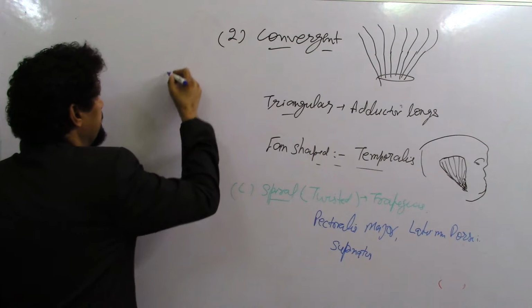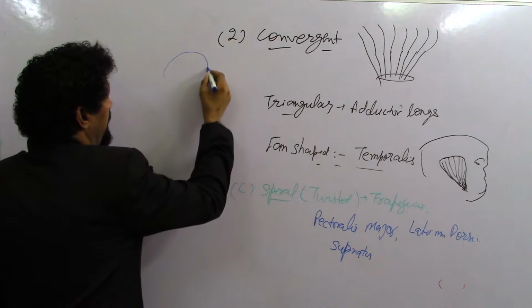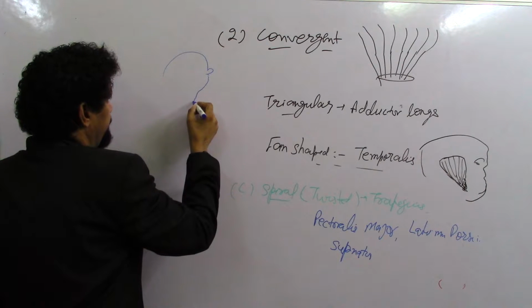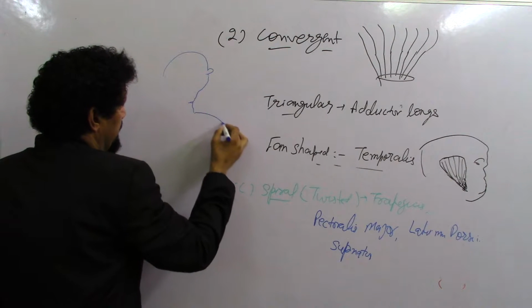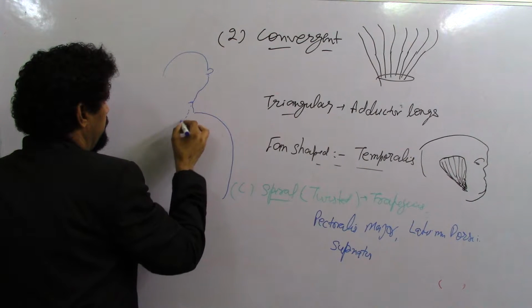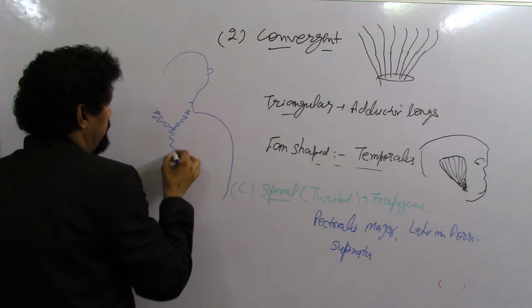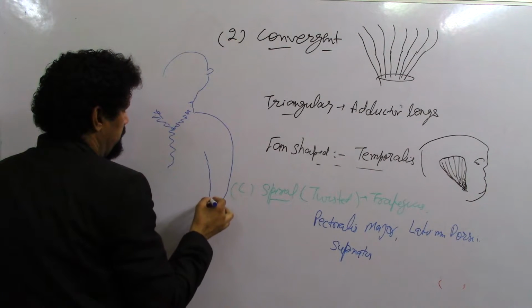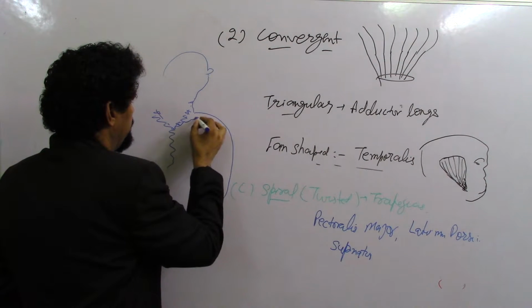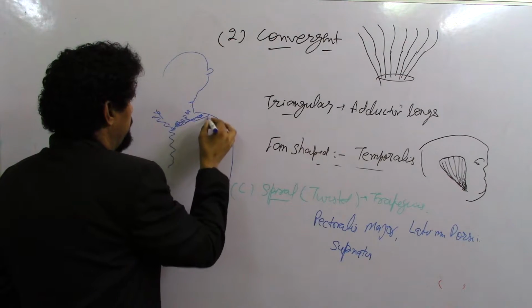When we see the section of the anterior wall, here is the clavicle.